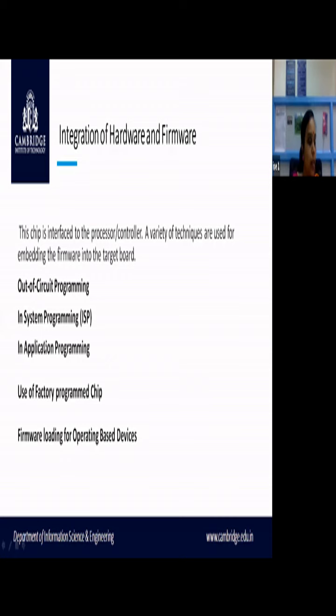When you see our LPC 2148, it supports both in system programming as well as in application programming. When you see the features of LPC 2148, you can remember these two integrations supported by it.